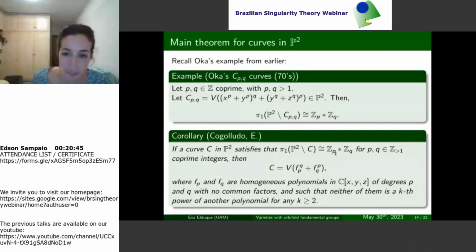This is my favorite result of the paper because you start from the fundamental group and you get something about the defining polynomial, which in principle are related, but not in an obvious way. It makes sense that Oka found this polynomial because it couldn't have been much different. So it was a hard example to find.